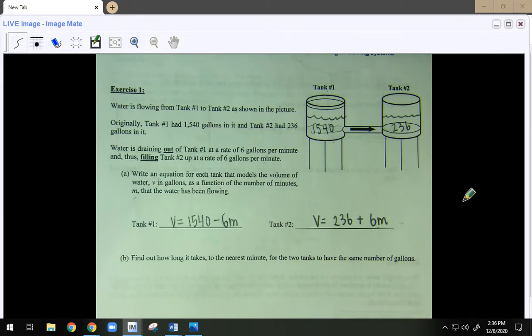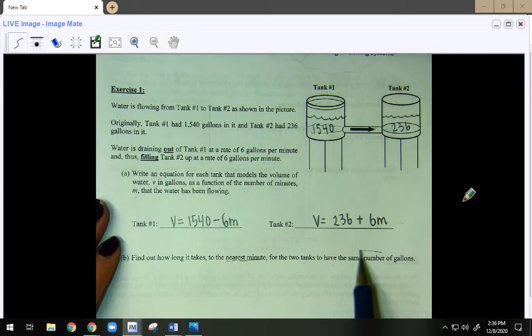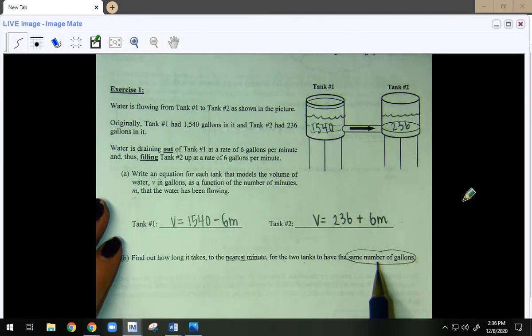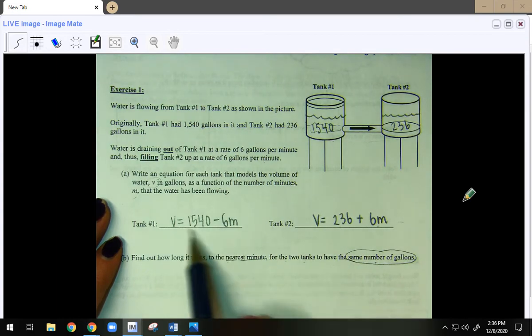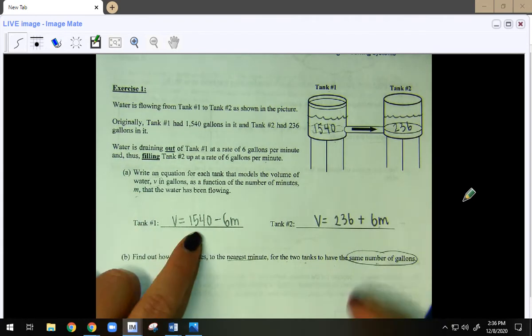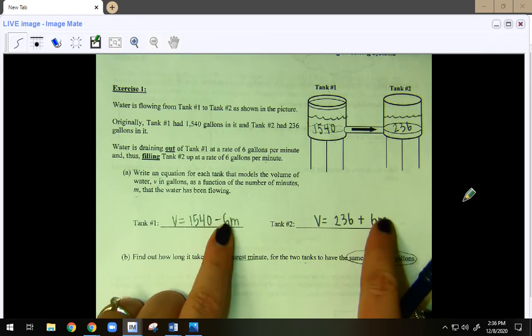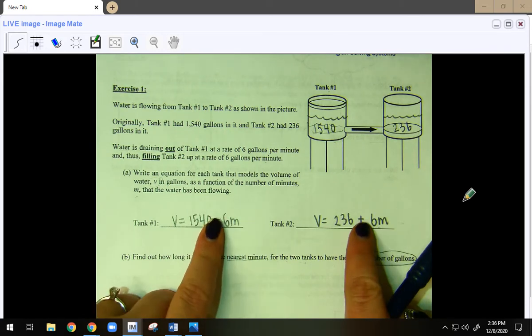Part B says, find out how long it takes, to the nearest minute, for the 2 tanks to have the same number of gallons. Remember the number of gallons is how much volume I have, so how much water is in the tank. I want to know how many minutes, so I'm solving for M, when these 2 things are equal.